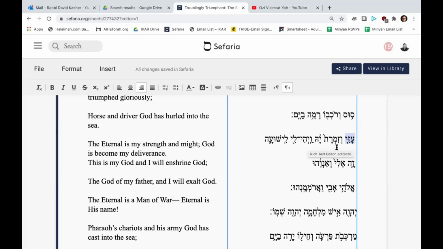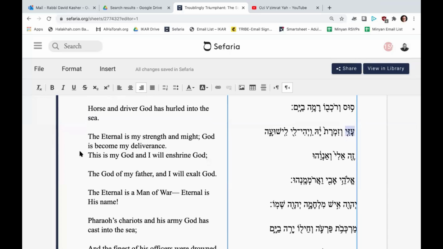And so then we've translated Zimra as like the might, the cutting might of God. But it's a little bit funny because it's joined to the word for God here. I don't know exactly how to translate that. I invite Jonathan, Anne, or others with their keen eyes to help out. But the classic translation is, God is my strength and my might. God has become for me a deliverance or a salvation.